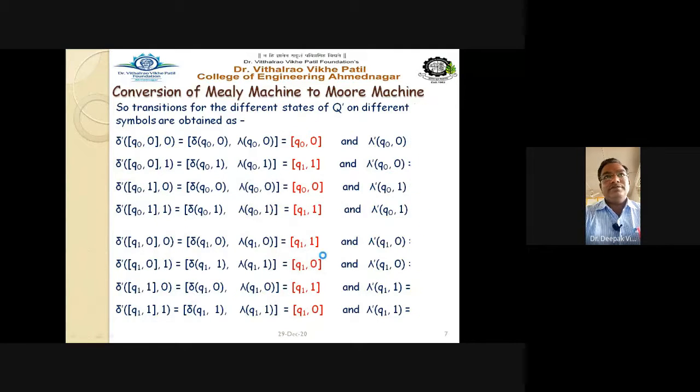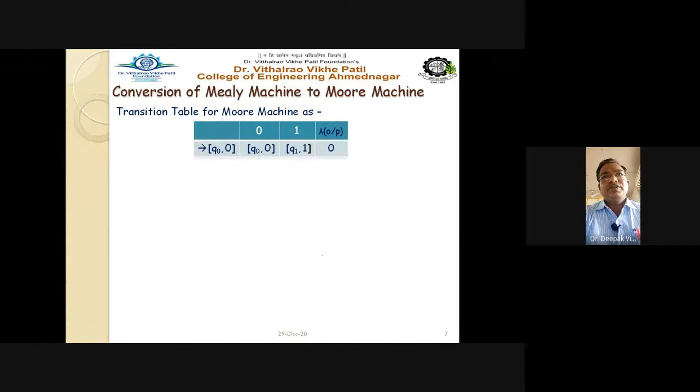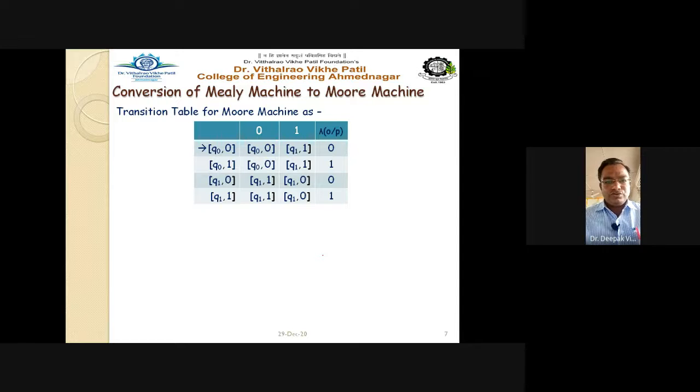So see here, the transition table for the Moore machine can be written as 0, 1 is the input, and how many states are there? Total states are 4. So now in the Moore machine, there are the states Q00, Q01, Q10, and Q11, right?